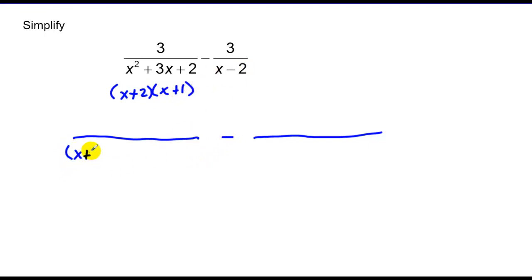It's x plus 2, x plus 1, x minus 2. And then I once again look from denominator to denominator, noting what's missing, and then multiply by that form of 1.